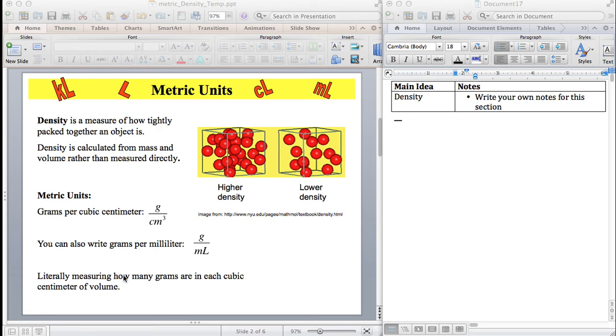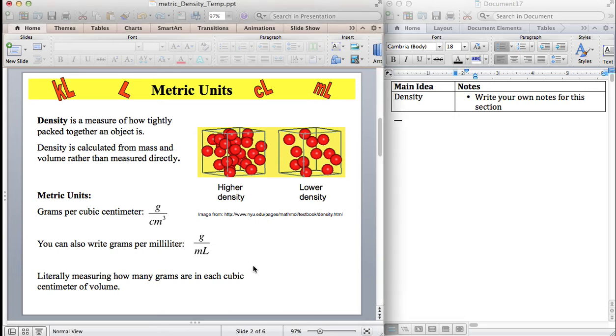What we're literally measuring here is how many grams, how much mass is in each cubic centimeter of volume. So a brick might have a density of 17 grams per cubic centimeter. In every little cubic centimeter, you would have 17 grams of stuff, whereas styrofoam might only be 0.1 grams per cubic centimeter. In every cubic centimeter of styrofoam, you only have 0.1 grams of stuff.